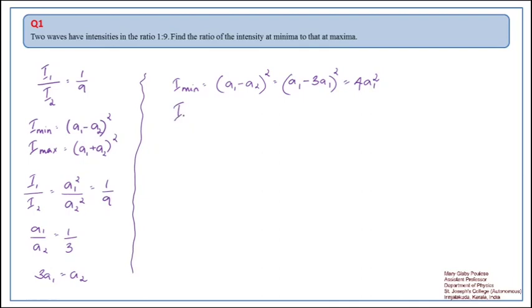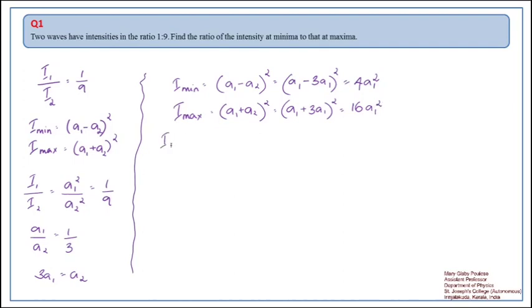Now, I max is obtained as A1 plus A2 the whole square. That is A1 plus 3A1 whole square. That is square of 4A1, 16 times A1 square.